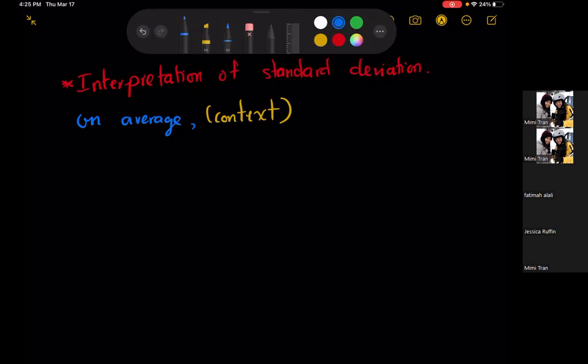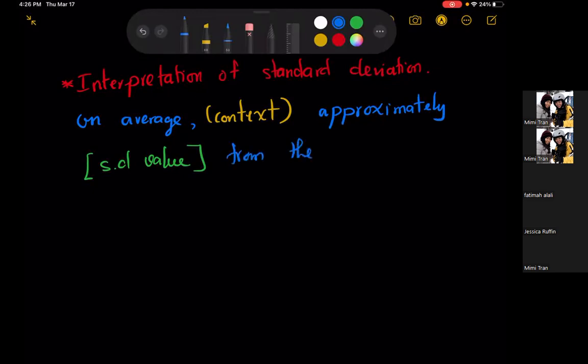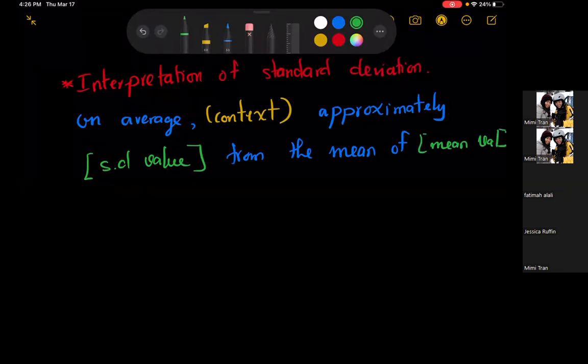And then say approximately. You have to have the word roughly or approximately, something like that. And then the standard deviation value from the mean value.